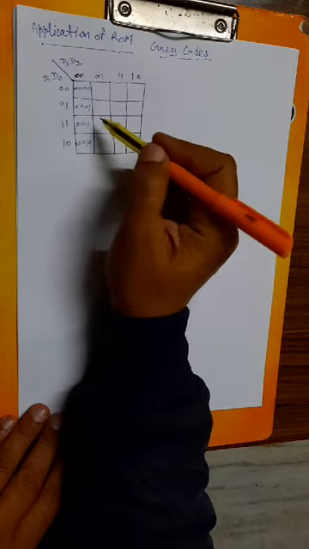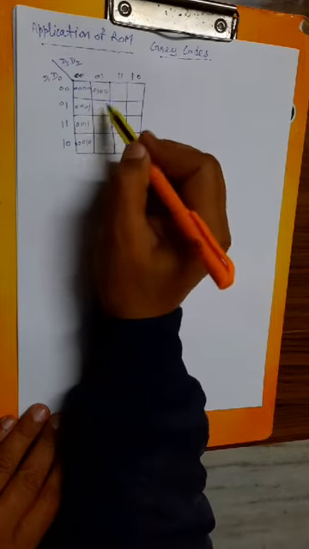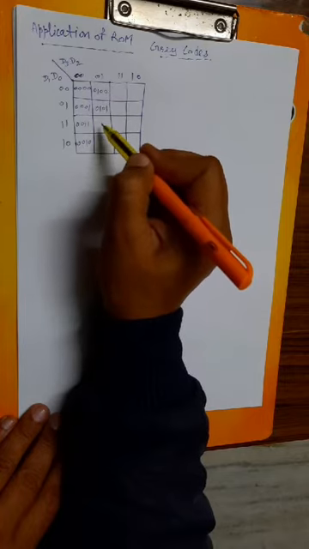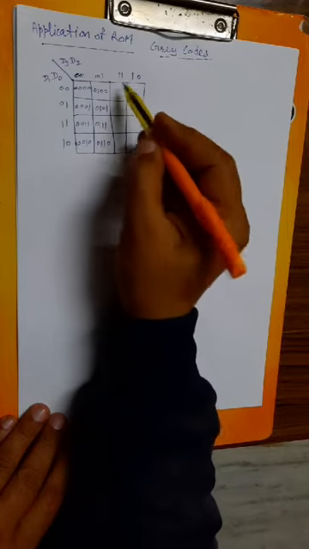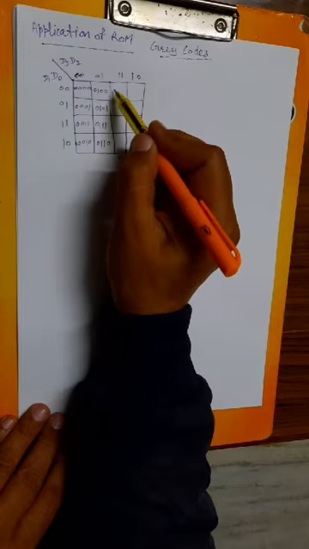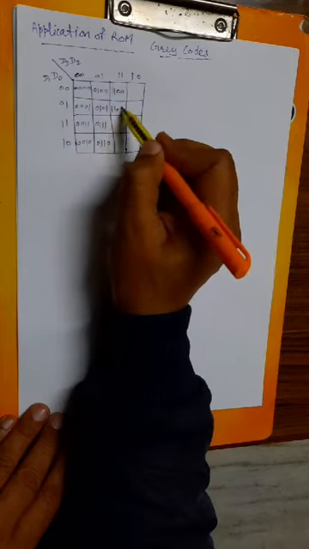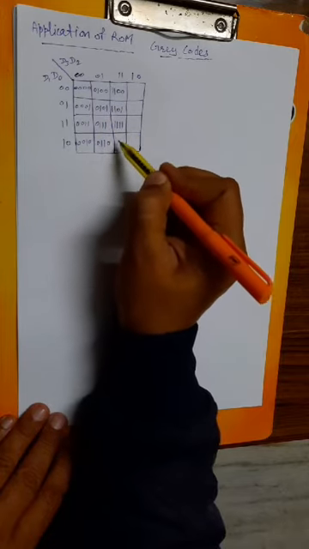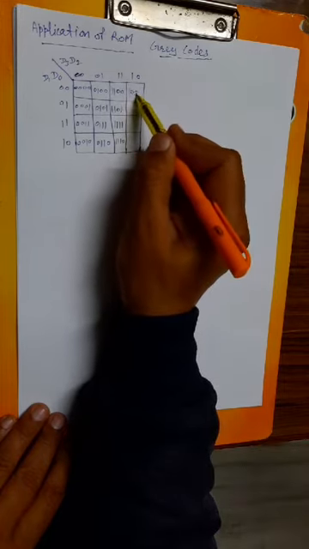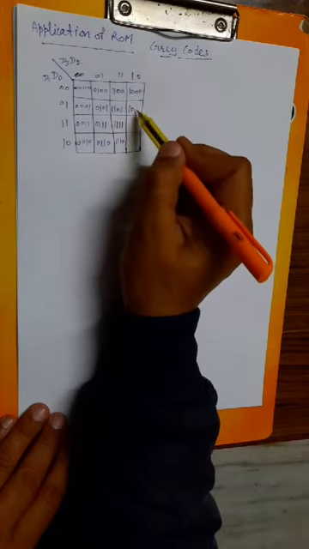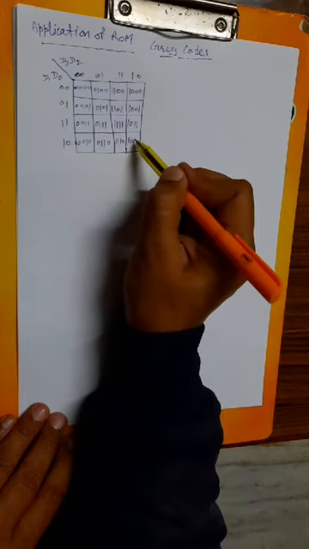So for the next row we may write 0100, 0101, 0111, 0110, then this row 1100, 1101, 1111, 1110, and this row 1000, 1001, 1011, 1010.